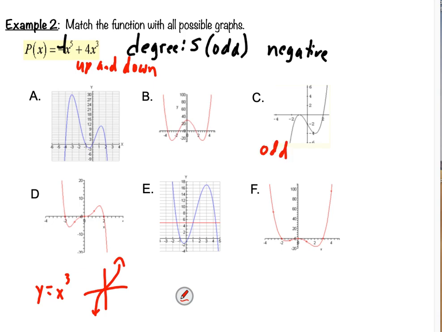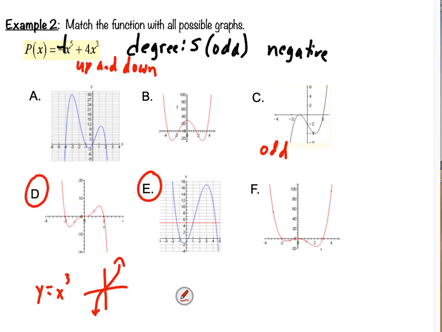Letter D, that one starts up and then goes down. Is that one going to work? Yes, letter D works. What about letter E? That starts up, goes up, and then down at the ends. So yes, letter E. What about letter F? No, both of those go in the same direction. They're both going up and up. So that's another even one.